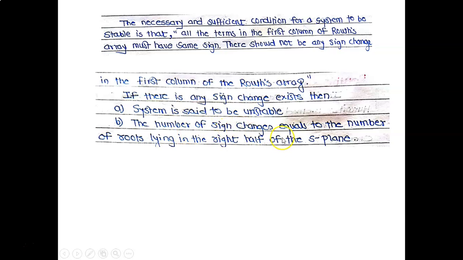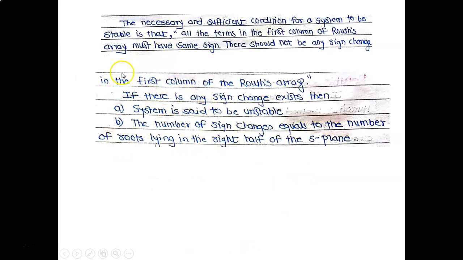The number of sign changes equals the number of roots lying in the right half of the s-plane. Therefore, always remember all the values in the first column of the Routh's array should be positive; then we can say that the system is stable. If the sign changes, then the system is unstable, and the number of sign changes is equal to the number of roots lying in the right half of the s-plane. This we have to remember.